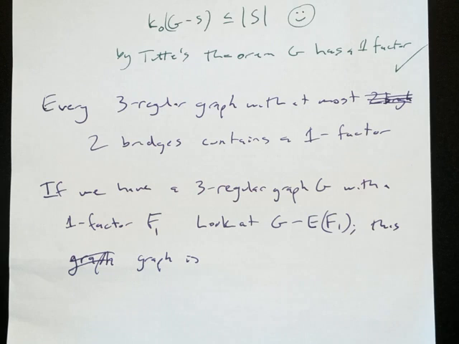Take any of the pictures on page 195 in that top group of 5, pull out a one factor. Take the Petersen graph. What was our obvious one factor in the Petersen graph? Outer to inner. You take away the outer to inner, what are you left with?